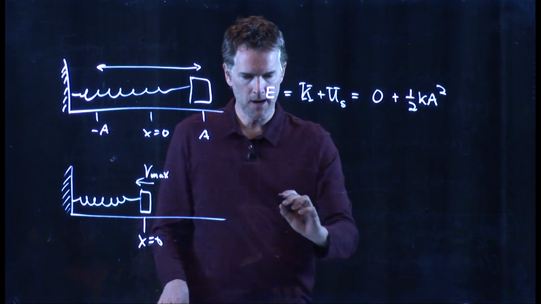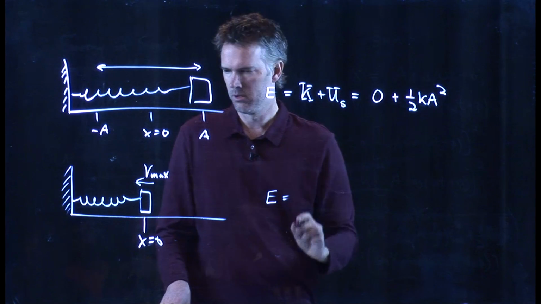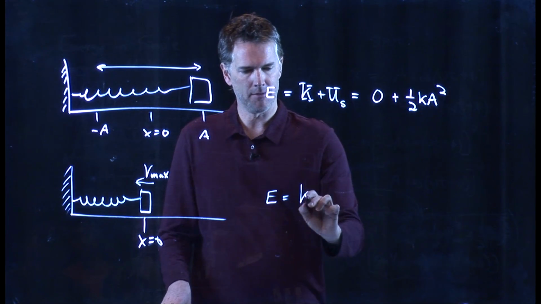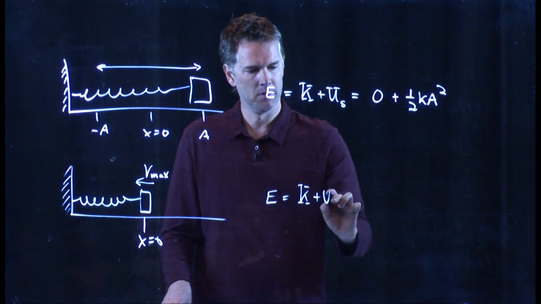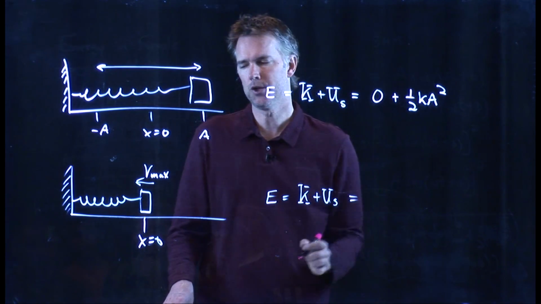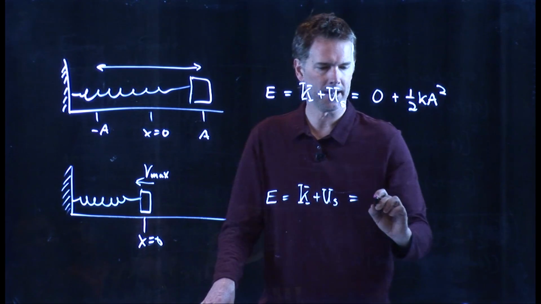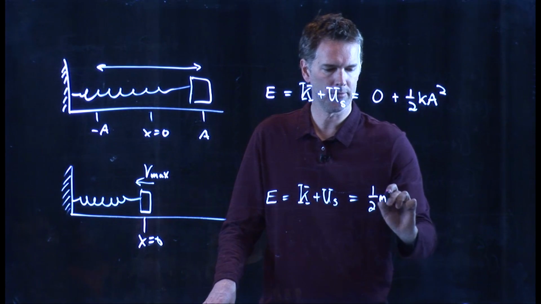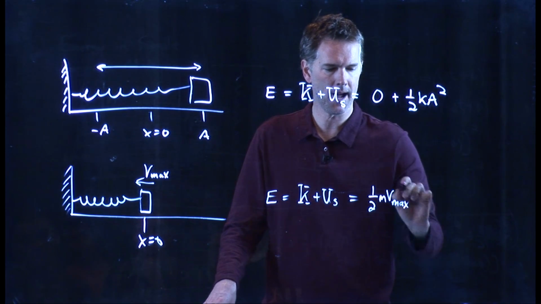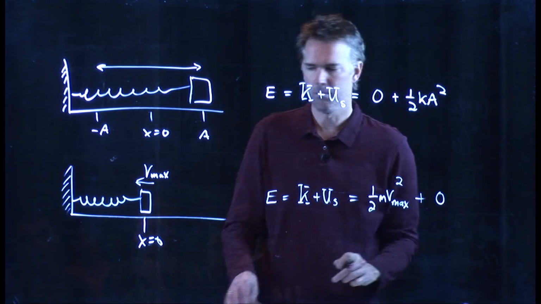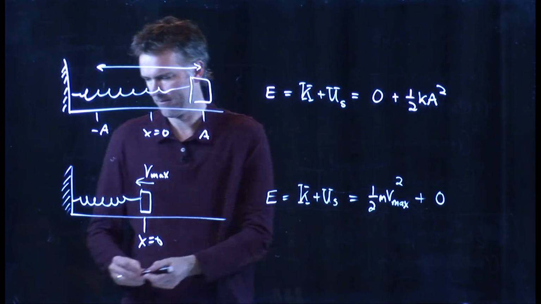When it comes back through x equals 0, what do we have? We have some kinetic plus potential. But now the potential is 0 because it's at x equals 0. And we just have 1/2 m Vmax squared plus potential energy of 0.